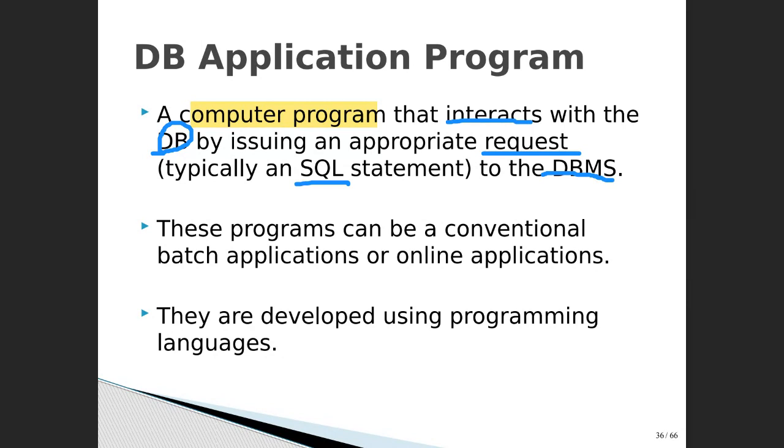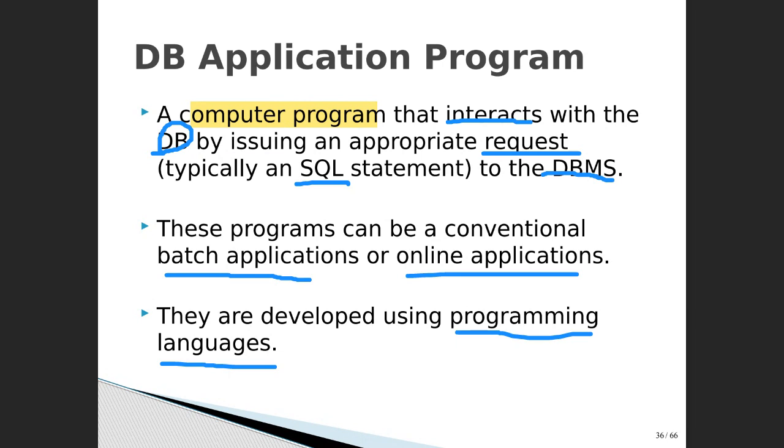Now, these can be batch applications or online applications. So applications that interact with the database through the database management system can be online or can be installed on your computer. They are developed by using programming languages like third generation or fourth generation programming languages.